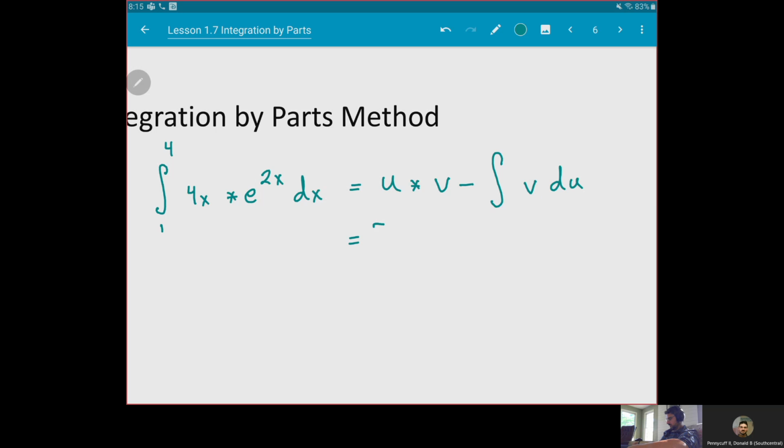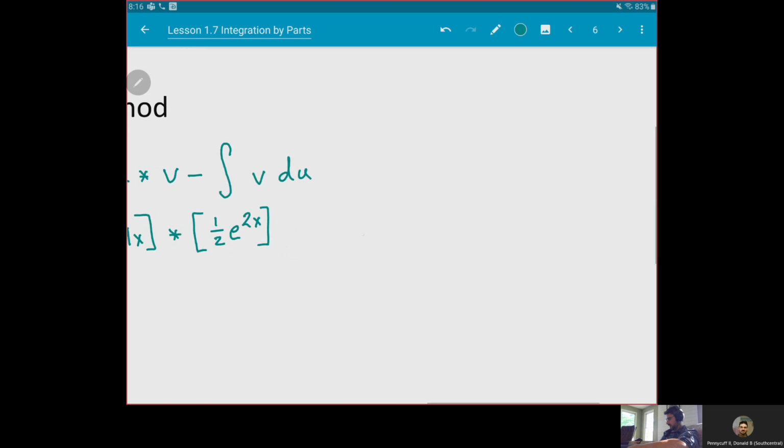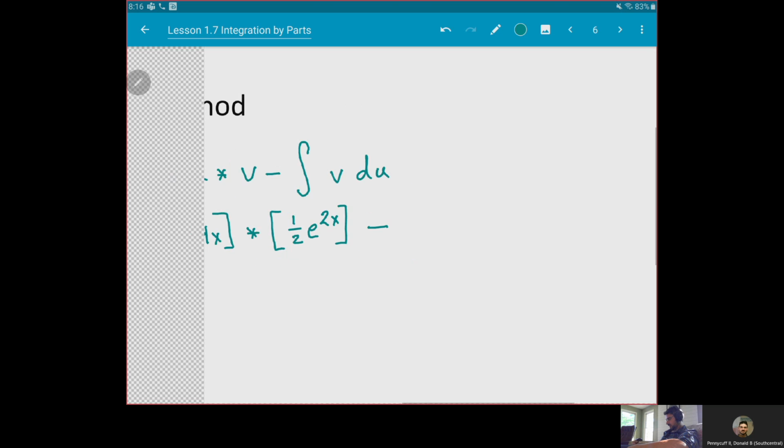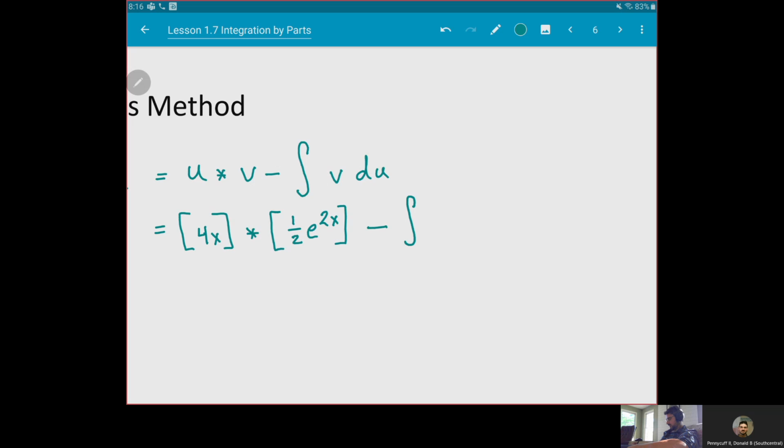And so that's going to be 4x times 1/2 e to the 2x minus the integral of 1/2 e to the 2x times 4 dx.